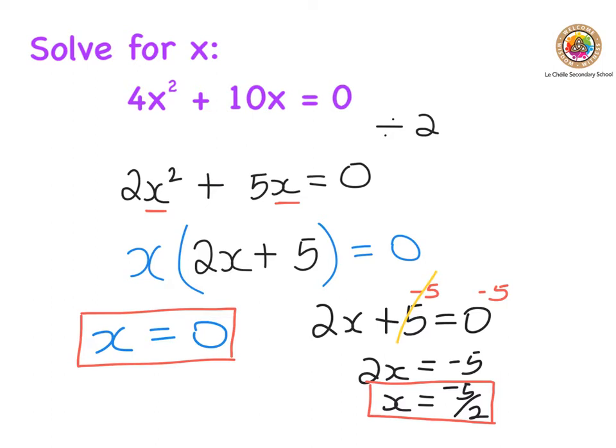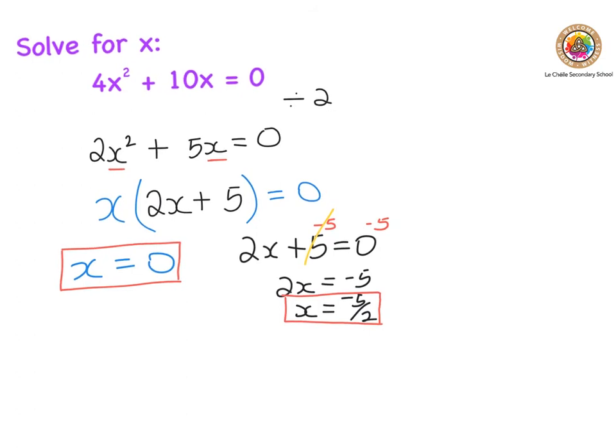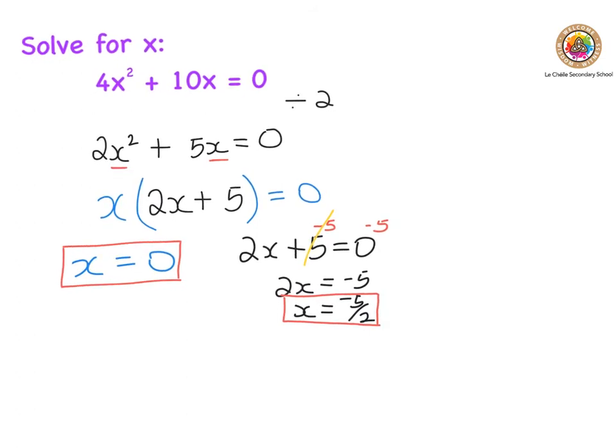They're my 2 answers for x, my 2 solutions. The other thing that's important with each of these equations, and a good habit to get into if we have time, is to go back to my original equation. Here I had 2x squared plus 5x equal to 0, and I check, is this true? So 2 times 0 squared plus 5 times 0 is equal to 0.